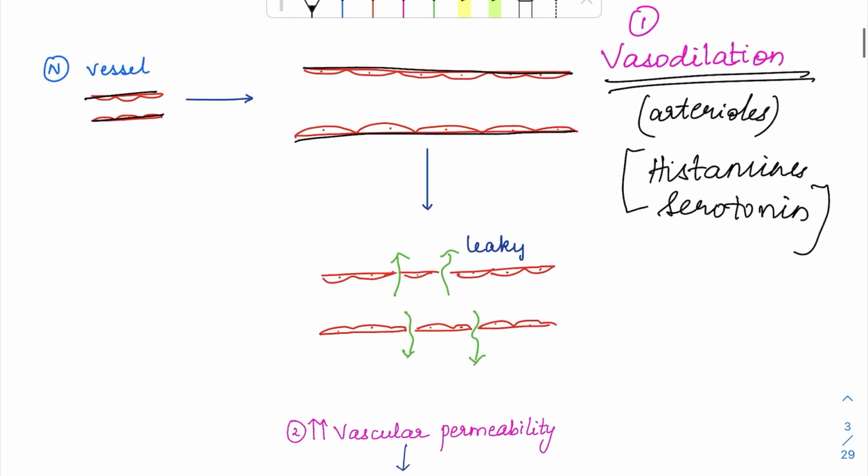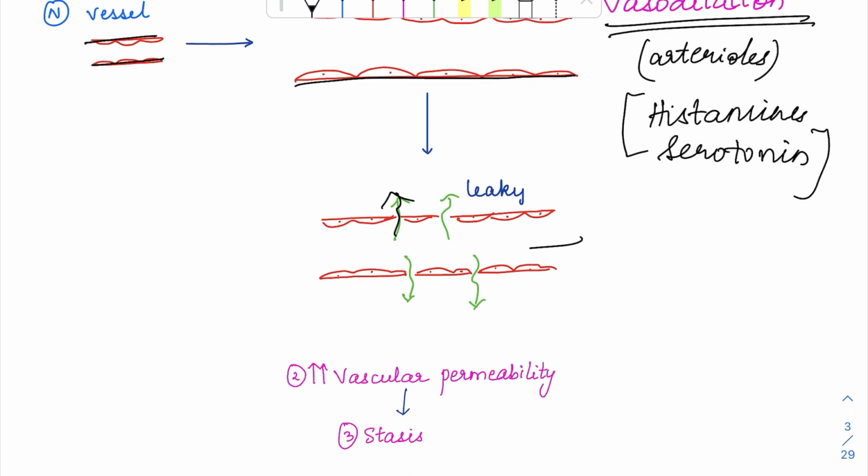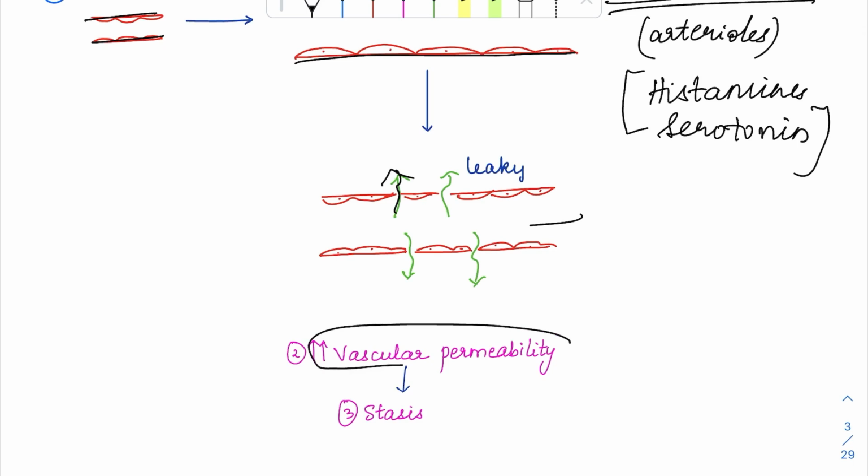After that, what happens? The dilated vessels are going to become leaky now. The channels are going to be leaky, and whatever content is present inside the vessel is going to come out of the vessel into the extravascular space. This causes increased vascular permeability, which again is mediated by histamine and serotonin.